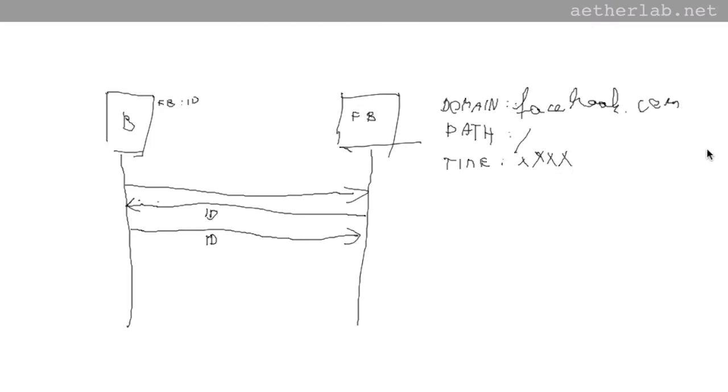And the browser will store all this data. So whenever you send a request to Facebook, it will check whether it has a corresponding cookie which fits all of these three. So it's still in the time frame, it's sent either to this path or any subdirectory, and it's sent to facebook.com.